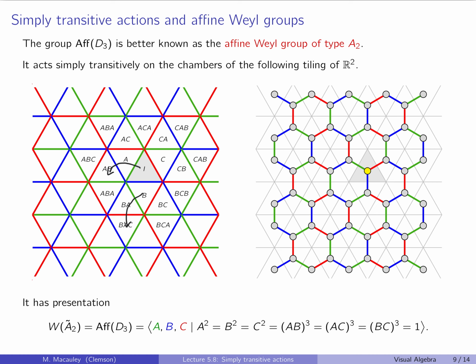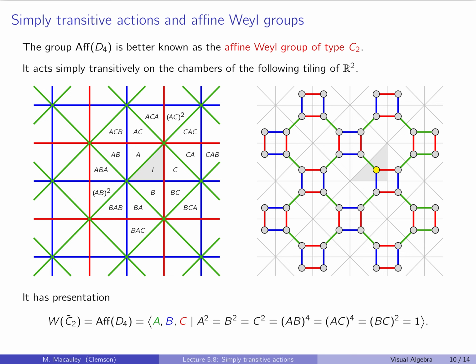If we start anywhere and we do blue, red, that's going to be a 120 degree rotation. So that will have order 3 as well. And it's not entirely obvious that there are not any other relations than this, but I think it seems reasonable that you have these, because you have this geometric interpretation, that you should only have these relations.